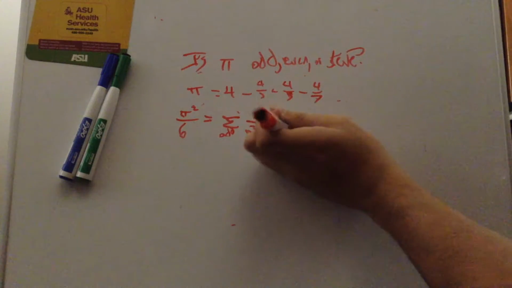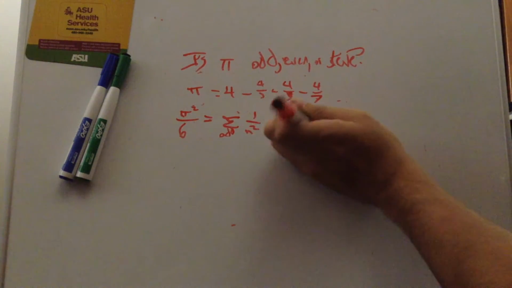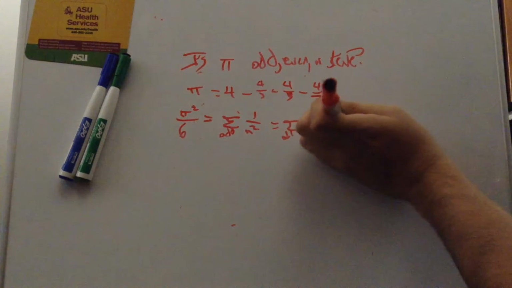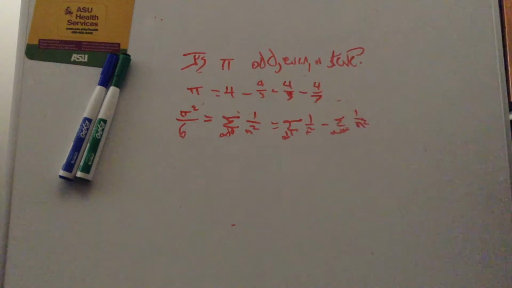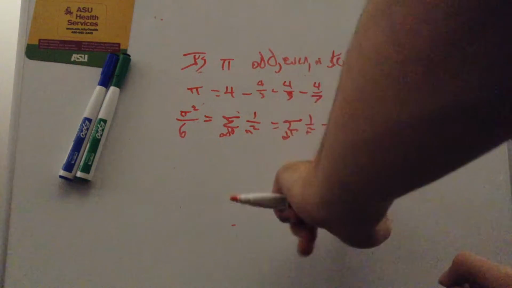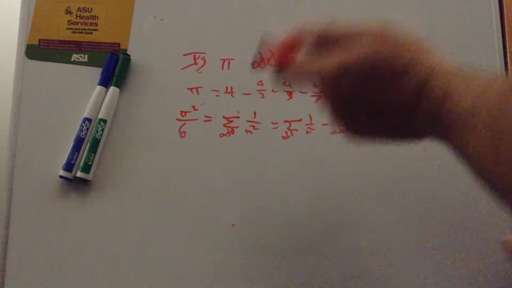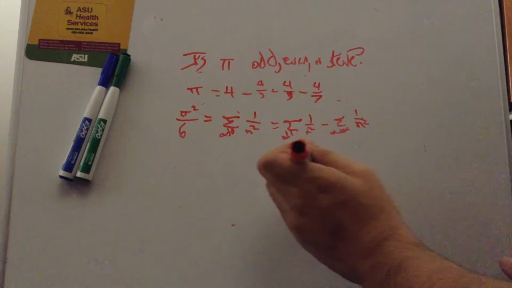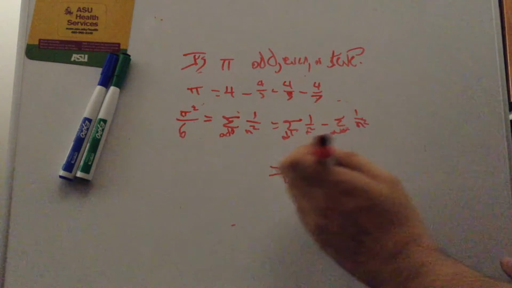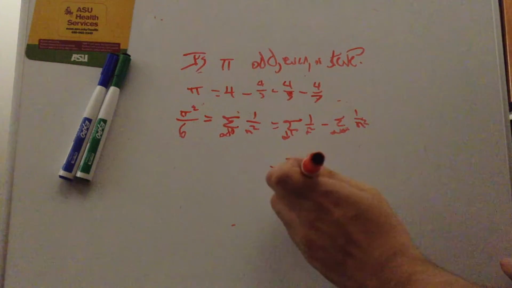Well, that's the sum for all positives minus the sum for evens, and since evens are just double the normal integers, we're dividing by a factor of 2 squared, or in other words, we get 3/4 of the sum of all of them.